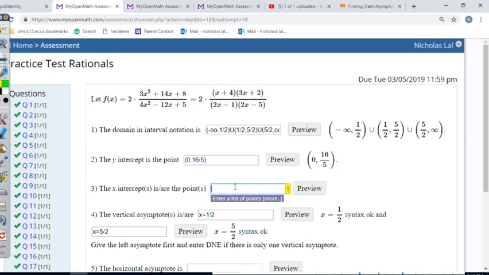The x-intercepts, those are the values when y is equal to 0, so that's going to be x plus 4, so negative 4, 0, and 3x plus 2 is equal to 0, so that's going to be negative 2/3, 0.